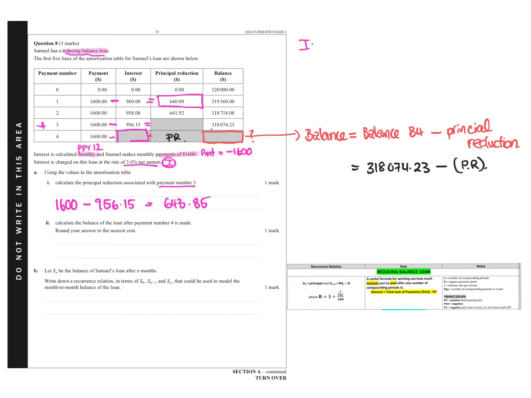Remember, the interest amount is always equal to R over PPY over 100, times the balance before.